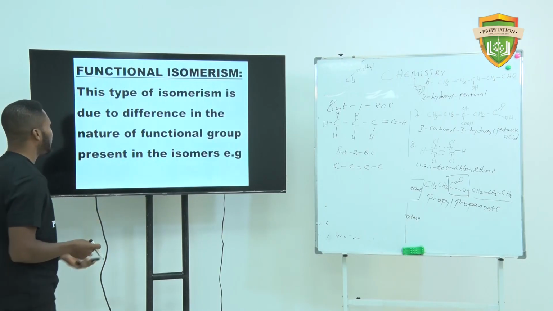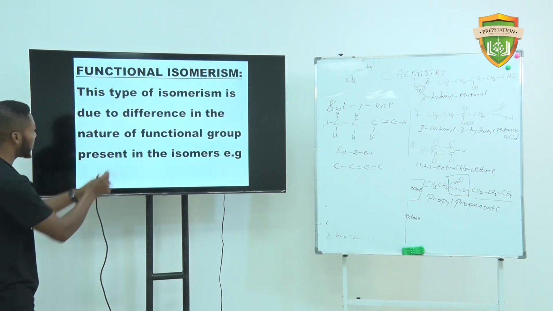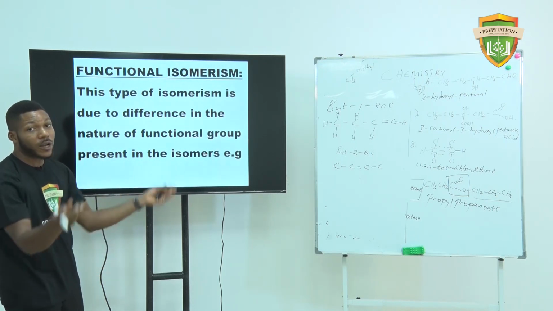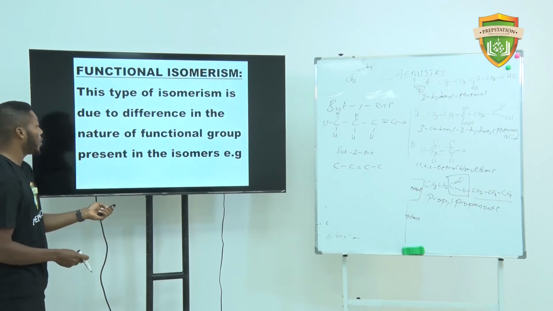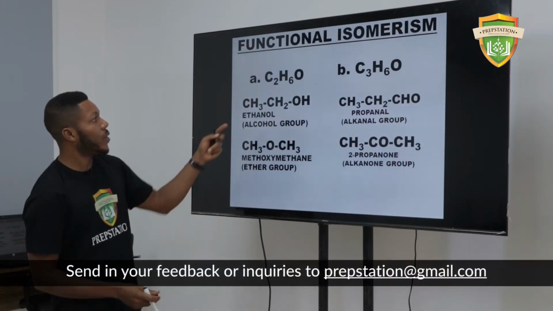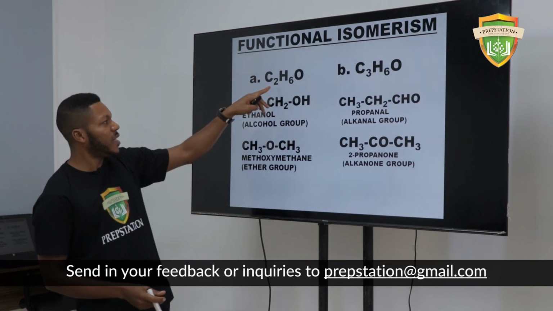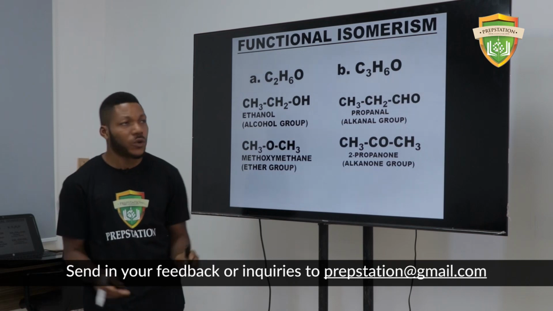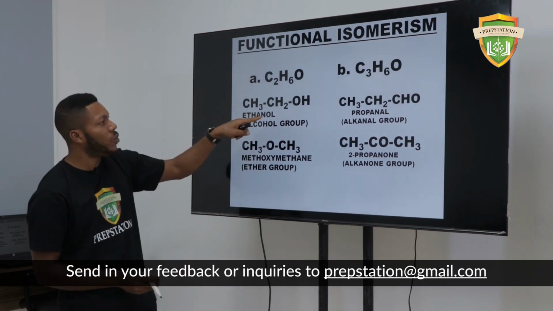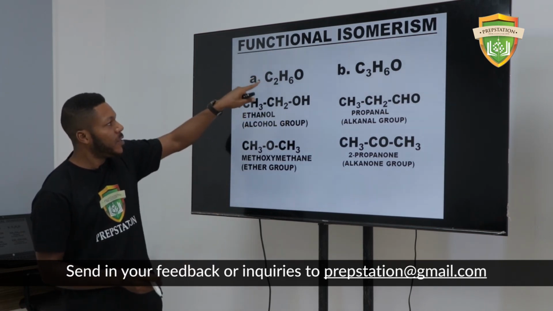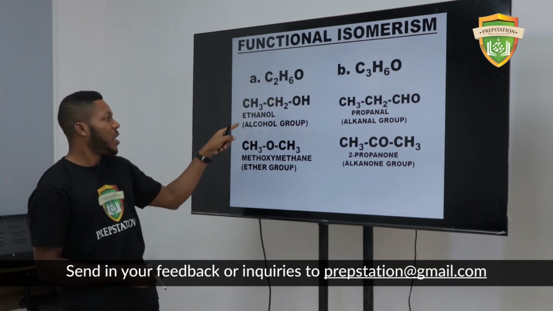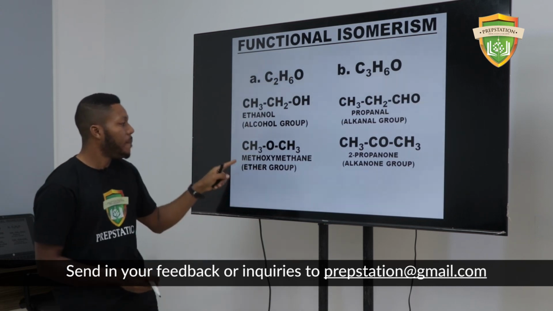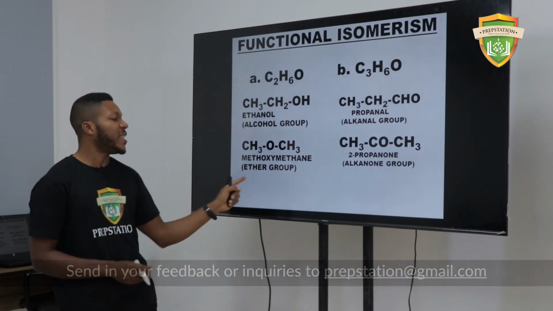The next one is functional isomerism. This happens between compounds that have different functional groups but the same molecular formula. For example, let's look at this: C2H6O. We can have the structure CH3CH2OH from C2H6O. This is ethanol. This is what? Methoxymethane, from the ether group.